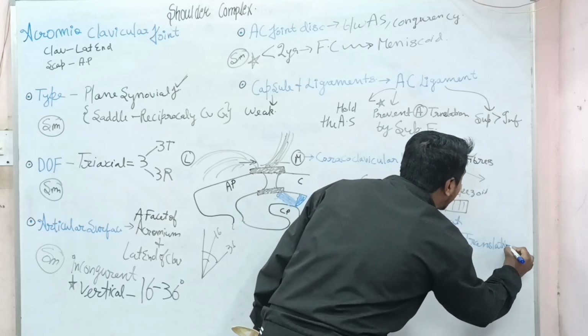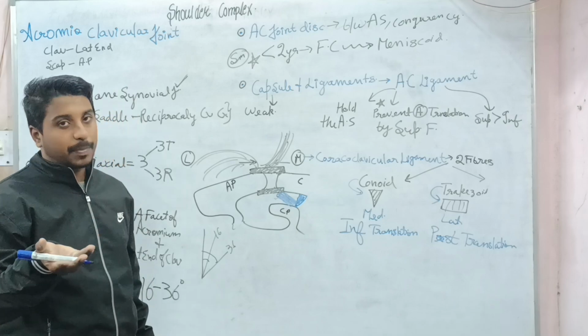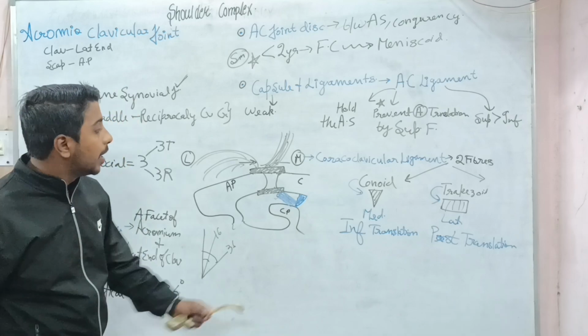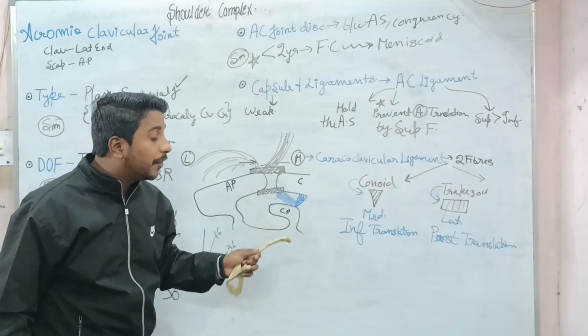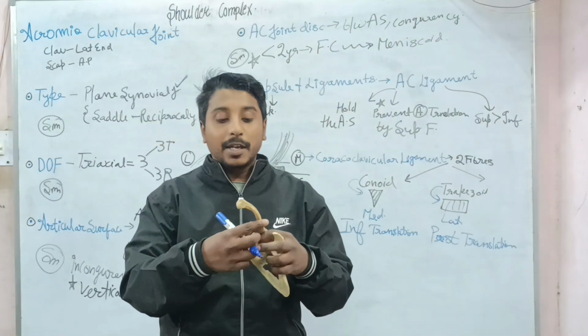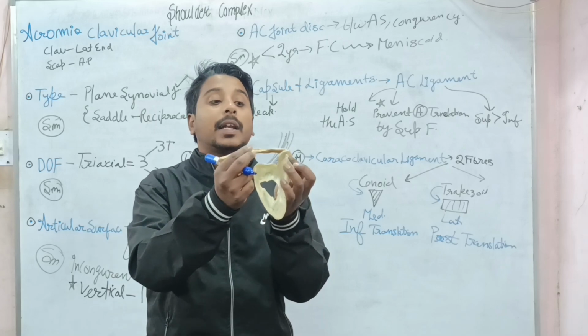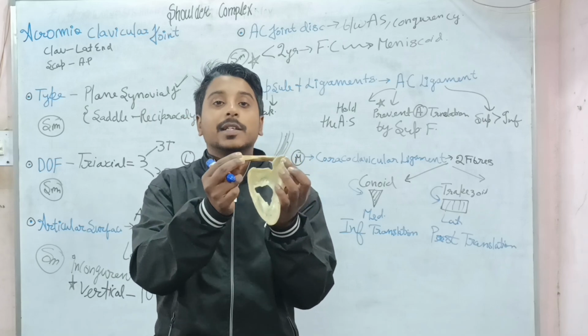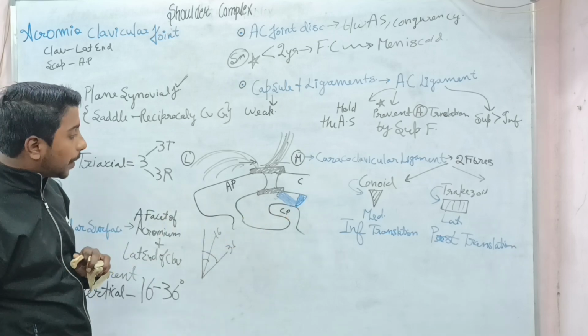Not prevent, it is resist, because some degree is permissible but not much. So the conoid part will definitely resist the inferior translation, while the trapezoid part will help to resist the posterior translation of the clavicle.